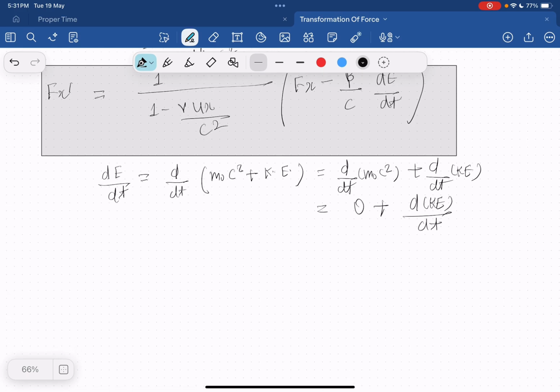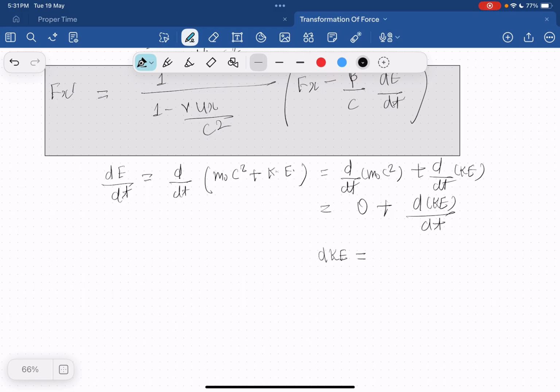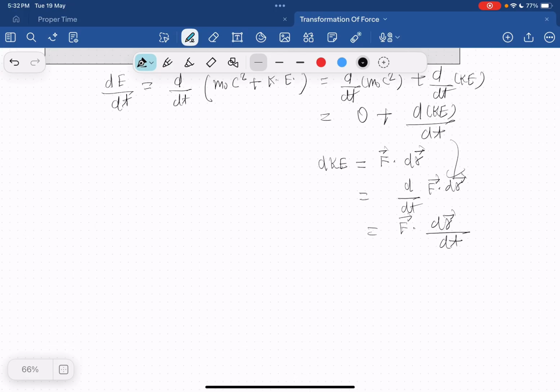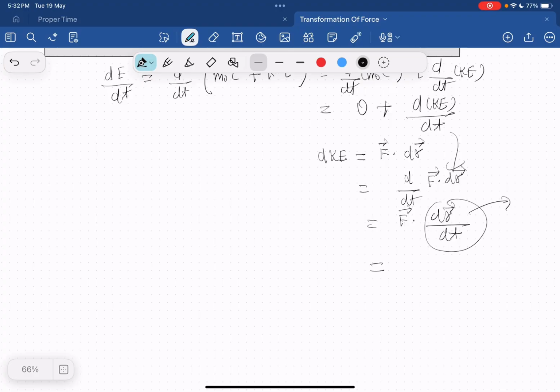Now by the work energy theorem, which is also valid in the relativistic arena, we know that this dKE is nothing but the infinitesimal work done on the particle, f dot dr. So this thing we can write as d by dt of f dot dr. This comes from the work energy theorem, which can be written as f dot dr by dt, and this dr by dt is nothing but the velocity u of the particle with respect to frame S. So this is f dot u.